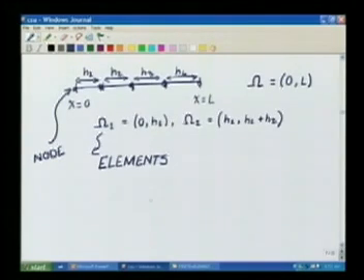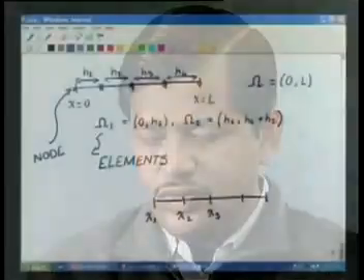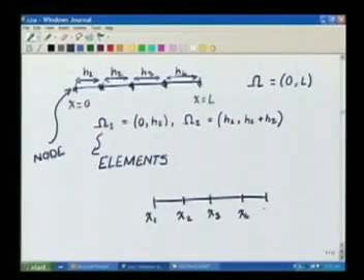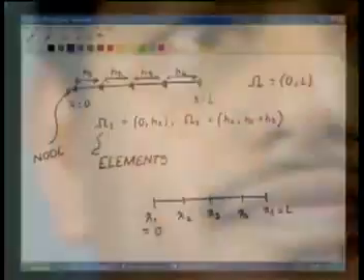So we can draw a figure here and have the node corresponding to point x1, node corresponding to point x2, node corresponding to point x3, node corresponding to point x4 and node corresponding to point x5, which for us here is L and x1 is 0.